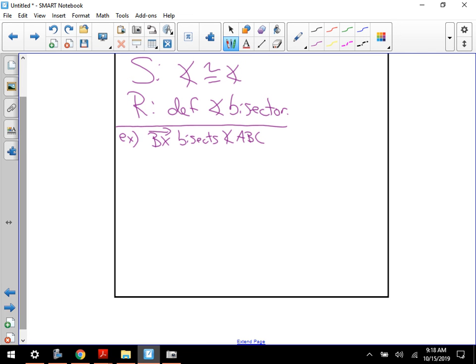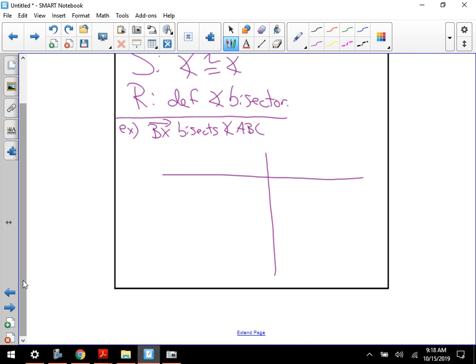So for my example proof, I put in my given statement, which was BX bisects angle ABC. That was given. I'm going to state now angle ABX. Use the lettering. Angle ABX is congruent to angle XBC.